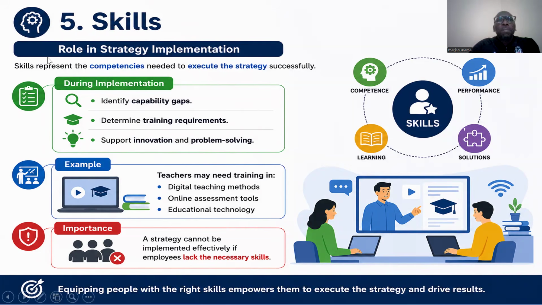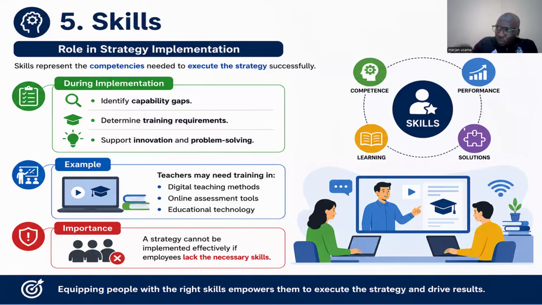So during implementation, you need to identify capability gaps. I am the manager. I need to know what are the gaps, what are the kinds of skill set I need in my organization. Then number 2, determine training requirements. Sometimes you don't need to find new people. You don't need to advertise. You don't need to recruit.